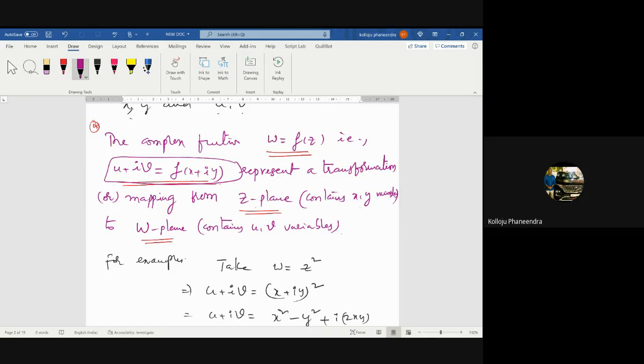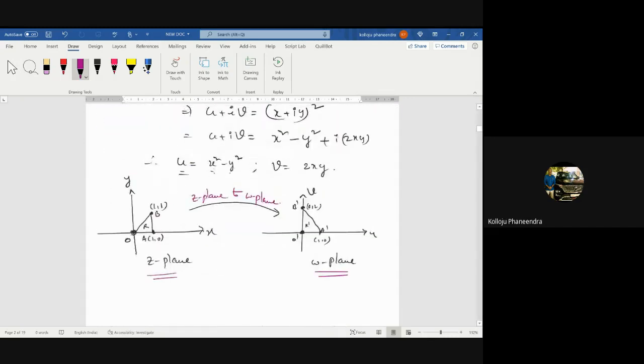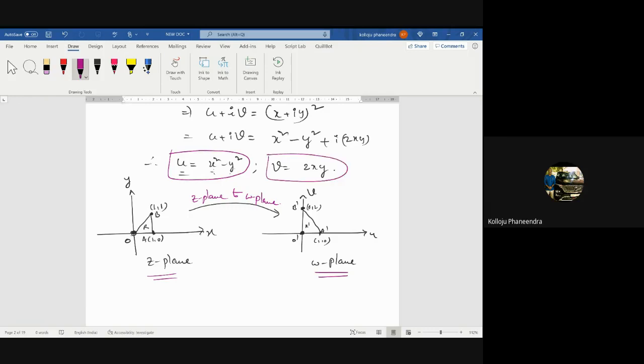It's not possible to draw on paper. That is why the scientists separated two planes. One is the z plane, having x, y variables, and another is the w plane, having u and v. According to this relation, u and v are functions of x comma y, and the mapping is from the z plane to the w plane. This is the concept of complex function.